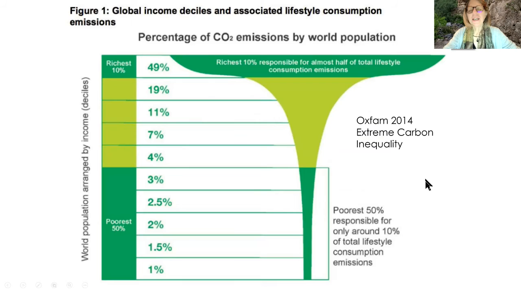Now, I'm just going to kind of arm wave here a bit, but you've seen this before. We talked about the Oxfam 2014 extreme carbon inequality. And what they discovered is that only 10% of the world's population, the richest 10%, is responsible for 49% of the emissions.